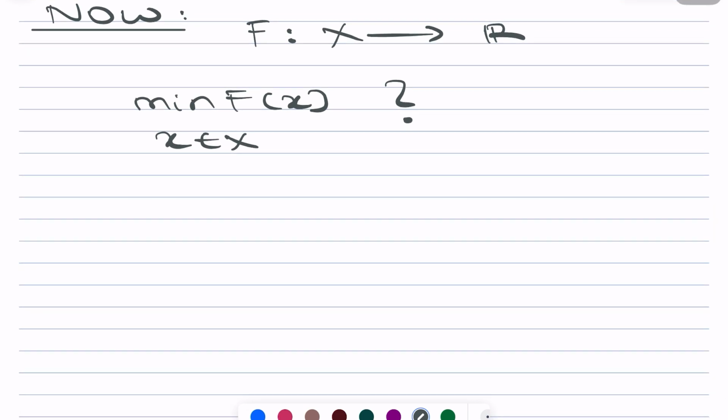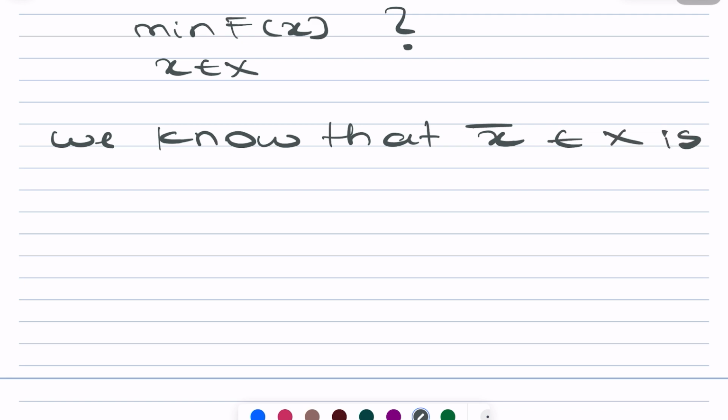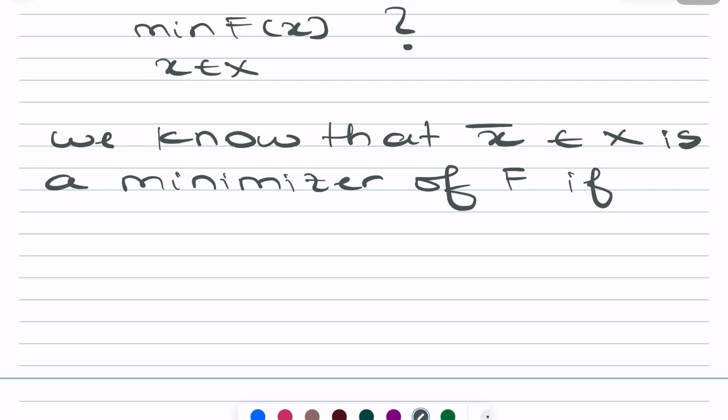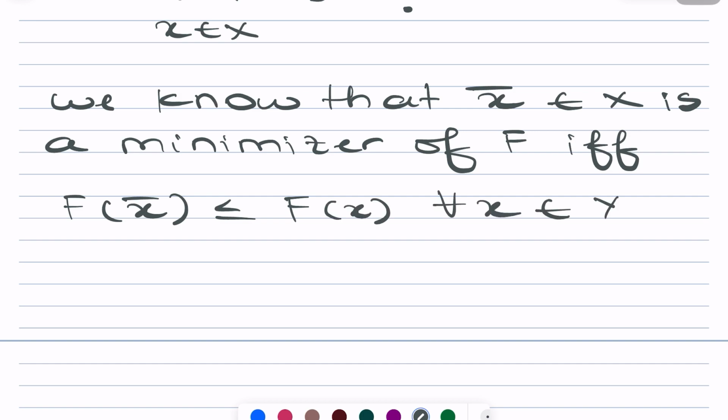Well, we know that an element x bar in X is a minimizer of the function f if and only if f of x bar is less than or equal to f of x for all x in X, right?